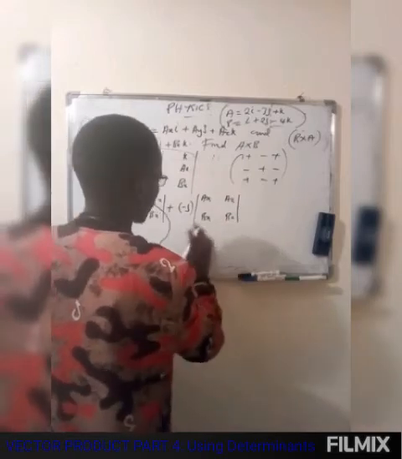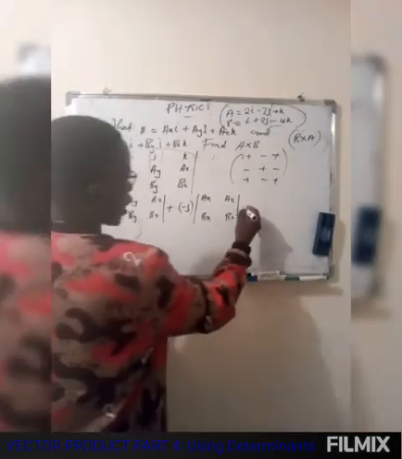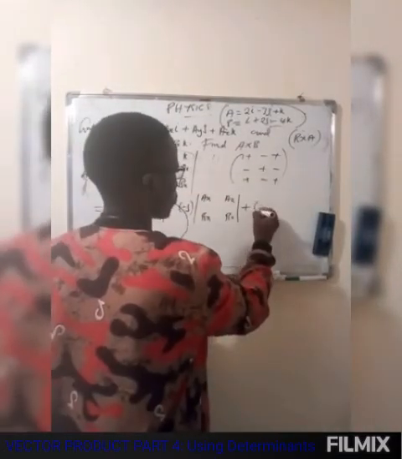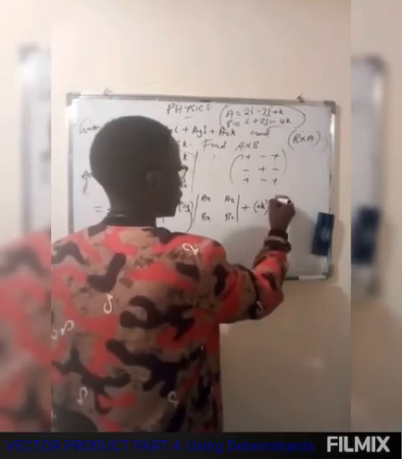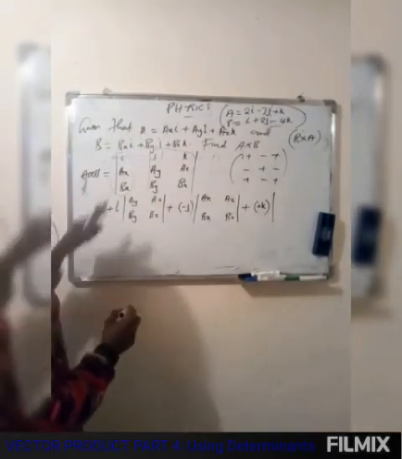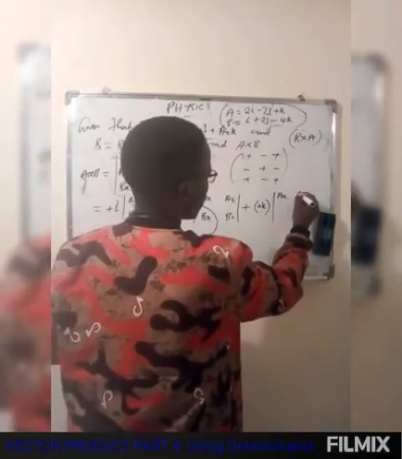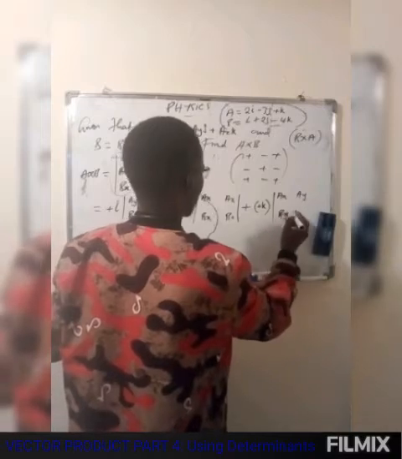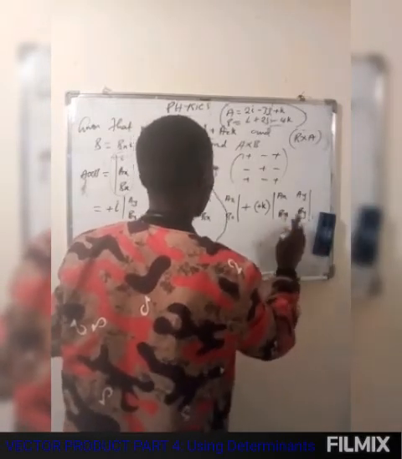And then I go ahead and look at K. The placeholder for K is a positive, so I say positive K. Then I cancel out the row and column in which K is. So I'm going to have AX, AY, and then BX and BY. Okay, and then I'm done.